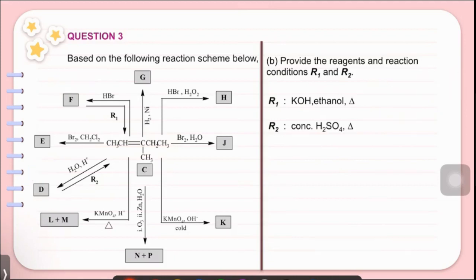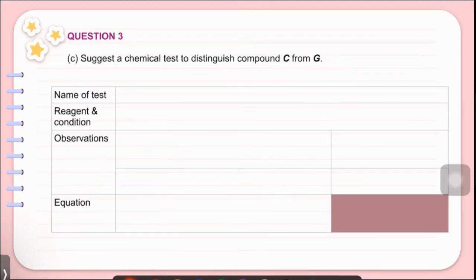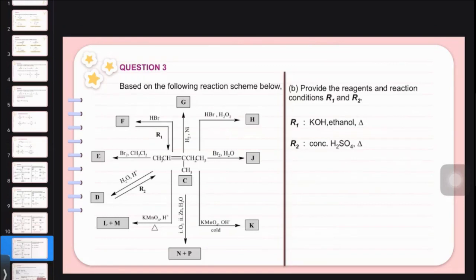Okay. And then number 3C, suggest a chemical test to distinguish compound C from G. So you all kena tahulah compound C tu apa and then G tu apa. Okay. So kita tengok semula pada soalan.